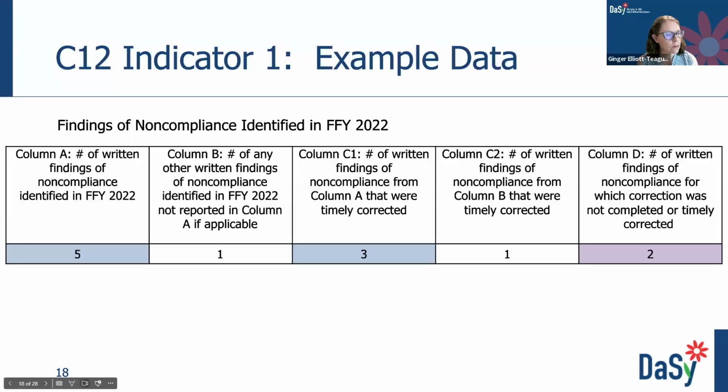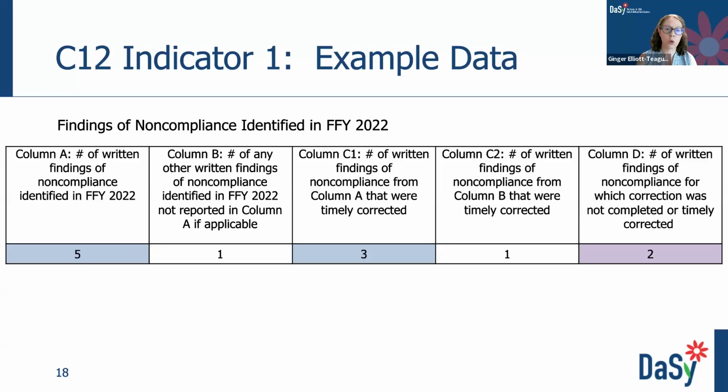So when we look at the next slide, these are the numbers that they reported for indicator 12 related to indicator 1. In column A, they had 5 findings that were pulled from the indicator 1 tables. They added 1 in column B, so they had 1 additional finding, and this was related to written consent.